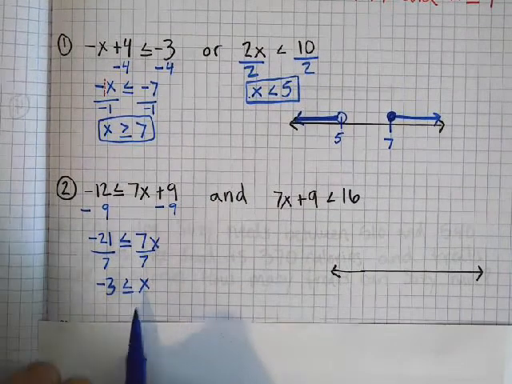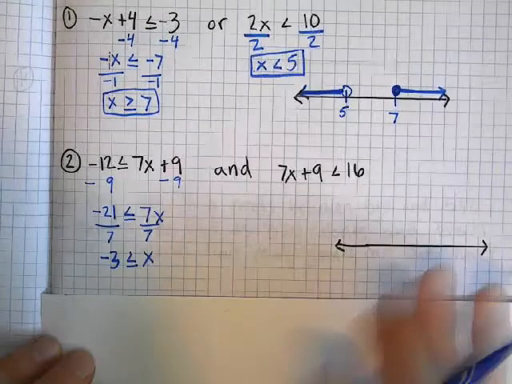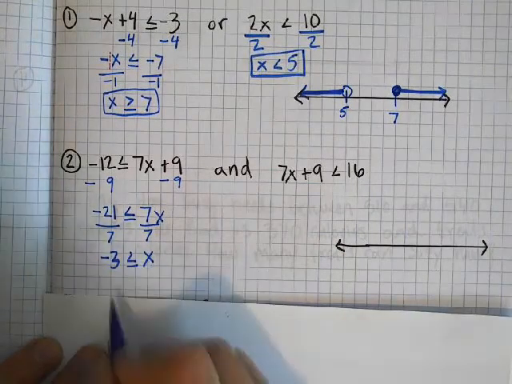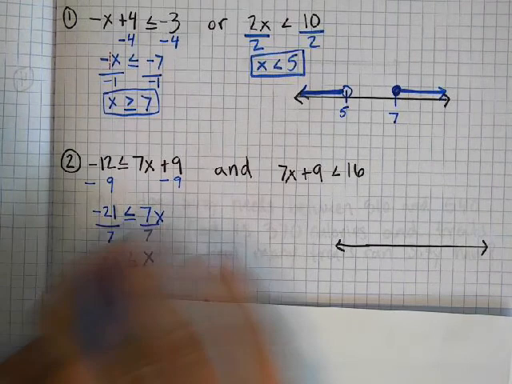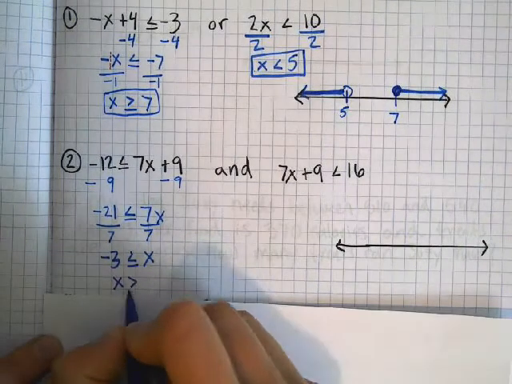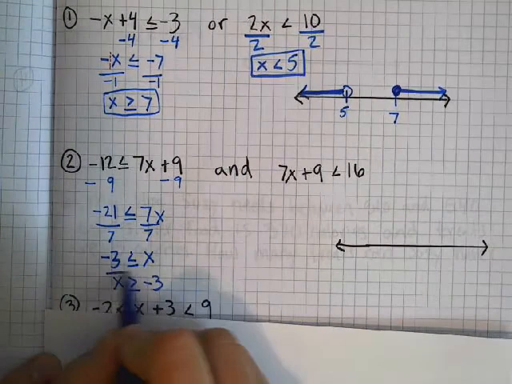Now, I don't really like it when the constant is first and my variable is second. I would much rather have it the opposite way. So just flip it around. So it's going to be x is greater than or equal to negative 3.